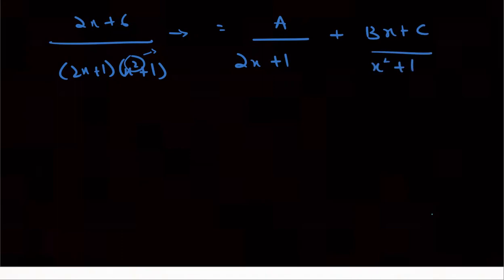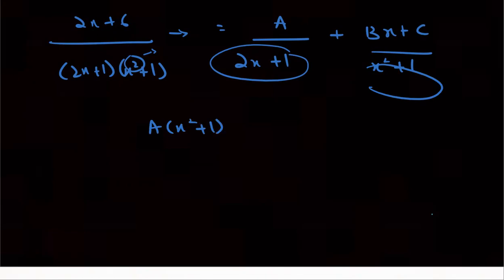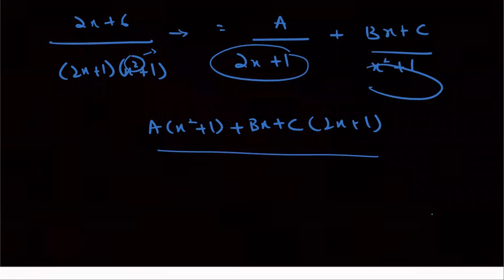Now again doing the same thing, taking LCM. So it becomes a into x square plus 1 plus bx plus c into 2x plus 1, divided by 2x plus 1 into x square plus 1.